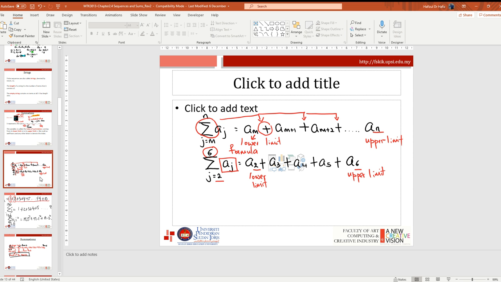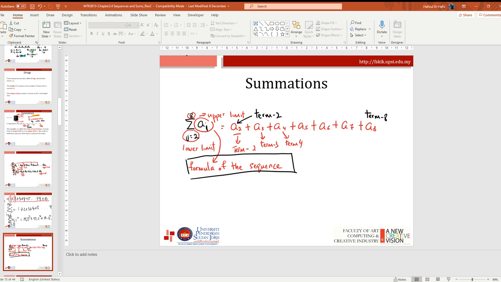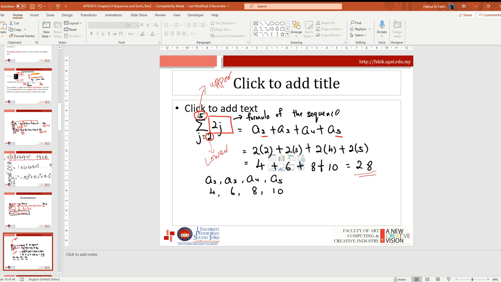Same goes here, 2j is the formula of the sequence. For example, if you have 2j, you replace with a2, a3, a4, a5, and then 2 plus 4 plus 6 plus 8 plus 10 is equal to 28.